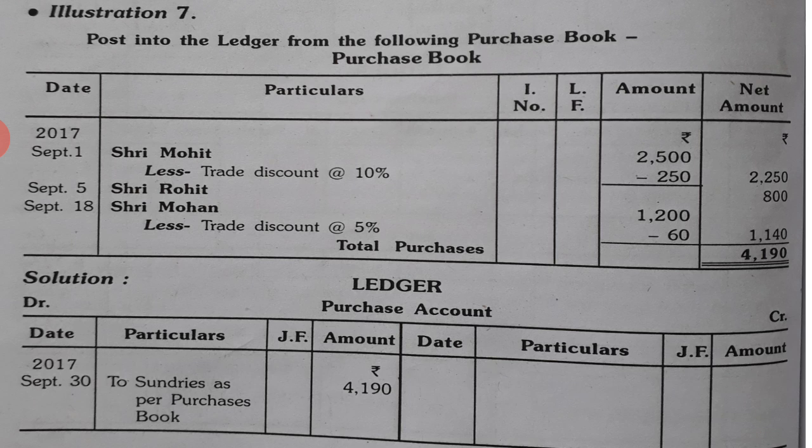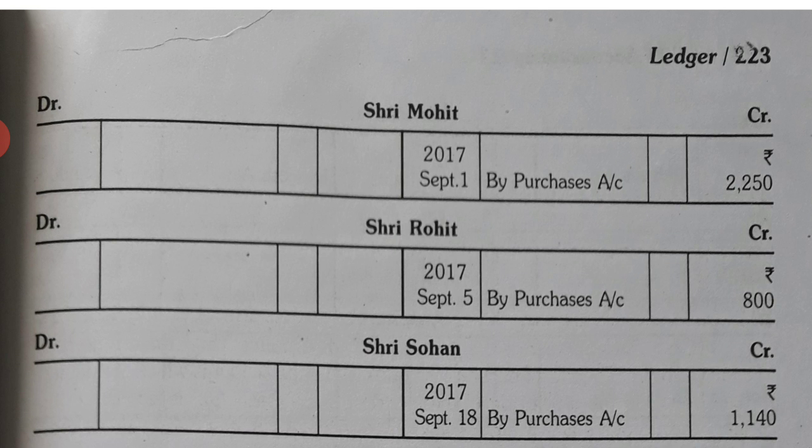Now three more accounts have to be made: Mohit, Rohit and Sohan. So Mohit, Rohit and Sohan are credited. Therefore on the credit of all these three accounts we shall write by purchase account, because all these three are credited, because they are givers when we are purchasing on credit.